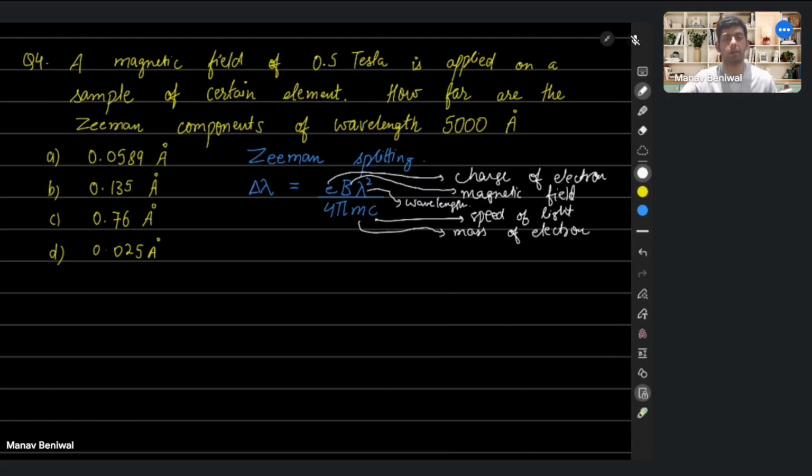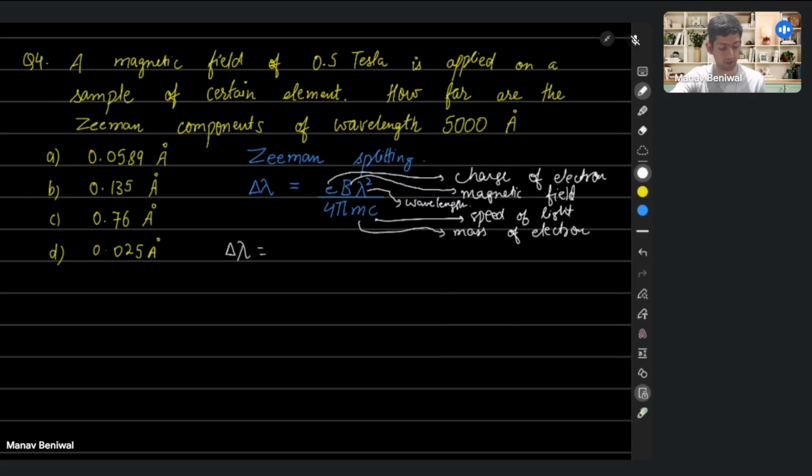So we have electronic charge, magnetic field, wavelength, speed of light, and mass of electron. All we need to do is just plug in these values and we will get our answer.